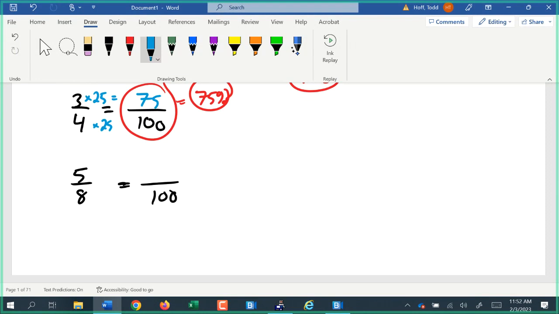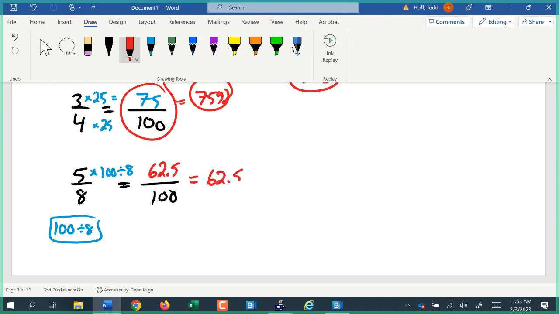Rather than trying to say, what do you multiply 8 by to make 100, we take 100 divided by 8. And whatever that result is, that's what we're going to multiply the 5 by. 5 times 100 divided by 8. First off, the result here is 62.5. So that's 62.5 out of 100, or 62.5%.